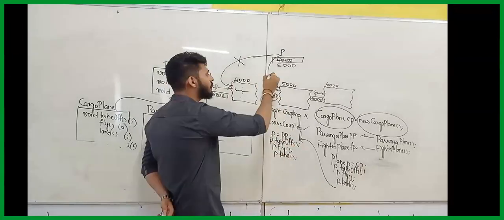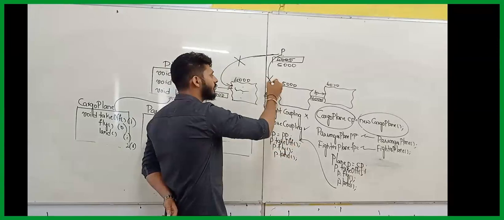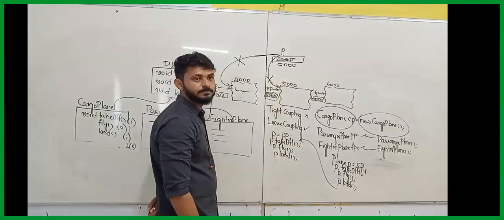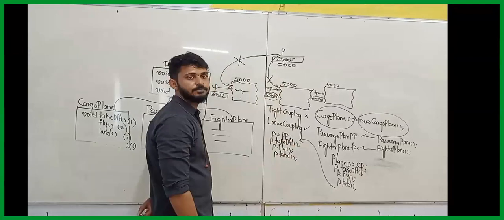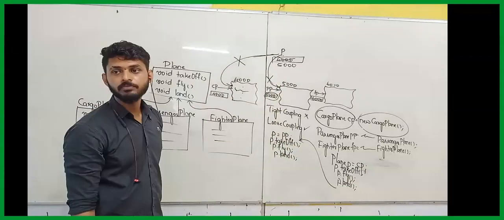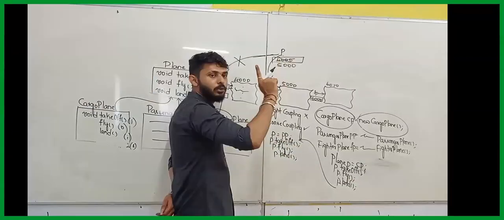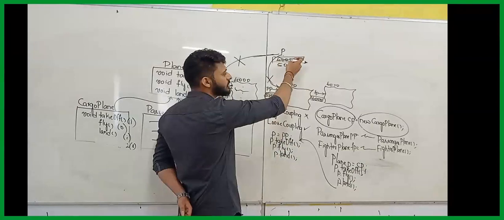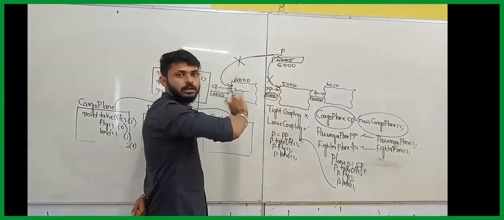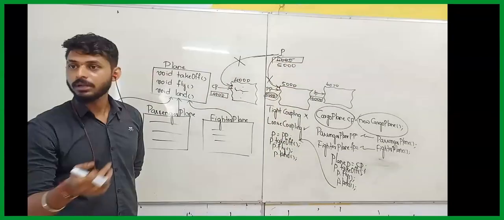Where should it point then? FP I want that to point. Only one address. Now some of you will say, sir, 4,000 is also there or not, sir? It is not there. 4,000 is gone now. Now as of now, what is there? 5,000 is there. Next what?